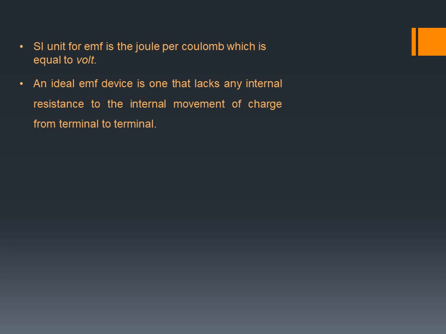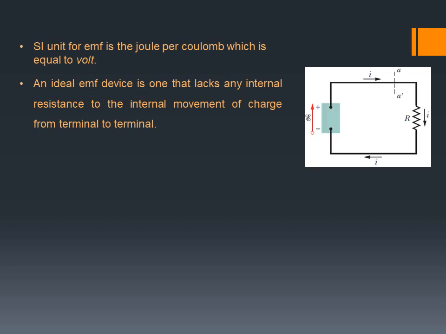So an ideal EMF device is one that lacks any internal resistance to the internal movement of the charges. As I stated earlier, the charges move inside the battery or EMF device from negative terminal to the positive terminal. Now, an ideal device will be one which has no internal resistance.